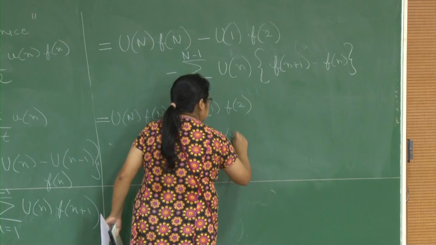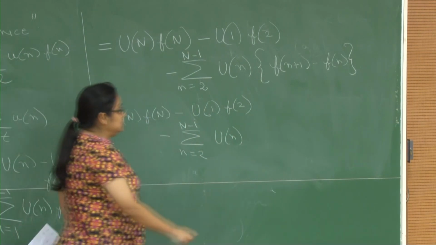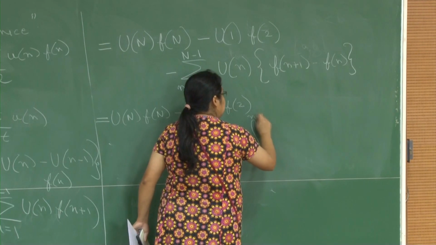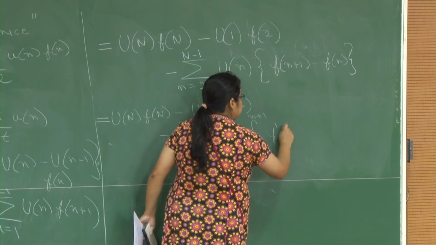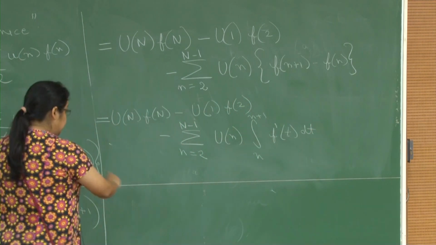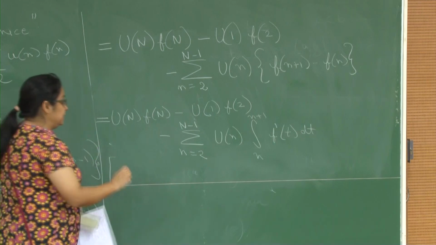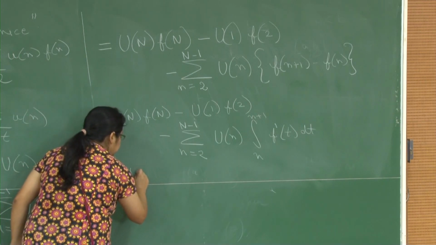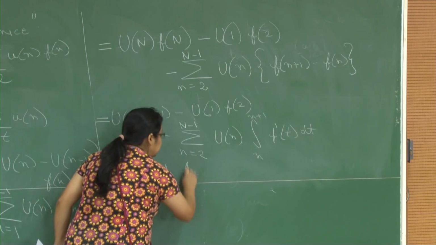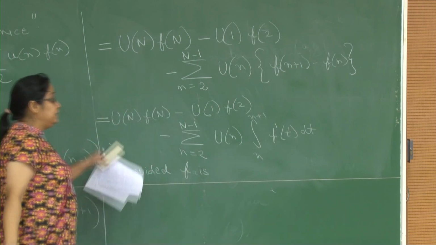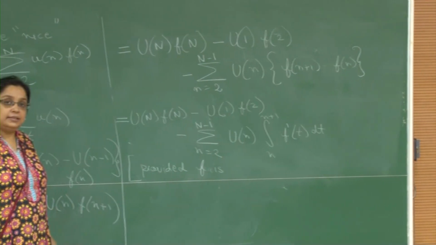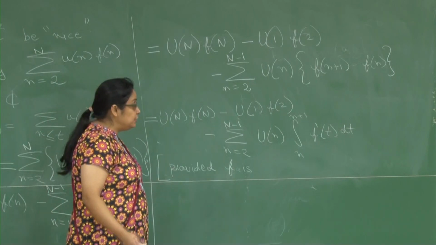u of n times the integral n to n plus 1 f prime of t dt, provided, let us specify this as I just mentioned, our function f is continuously differentiable on the interval 2 to capital N. What do I mean by continuously differentiable?